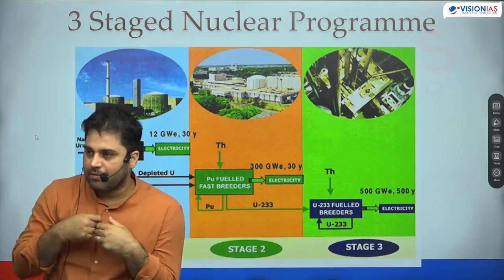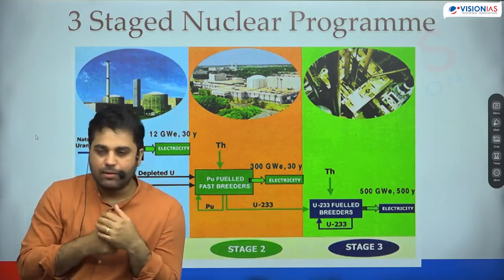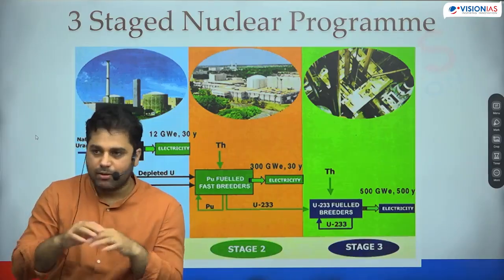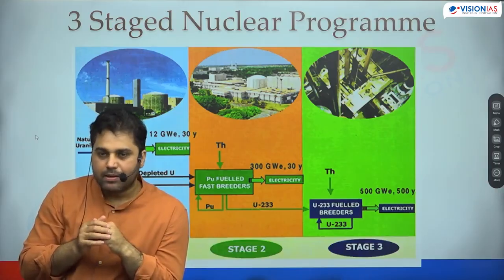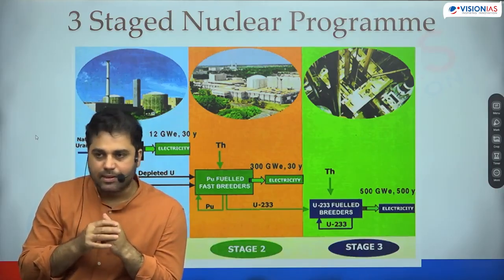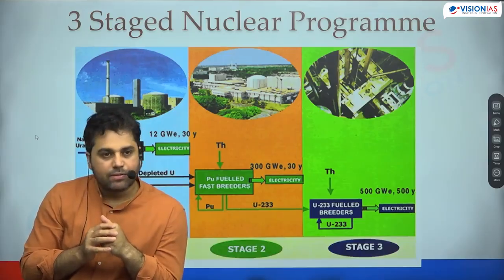Whatever uranium we have extracted from our own mines, of course we have our own, that is within our sovereign jurisdiction. We will not allow inspection there, but India adopted a 100% transparency policy in case of imported uranium.